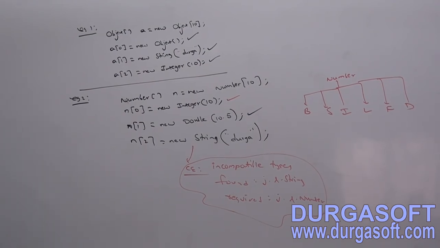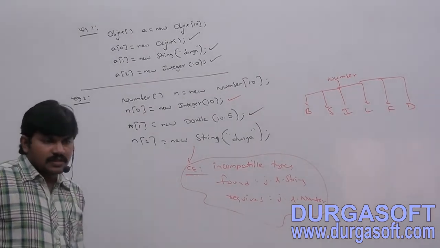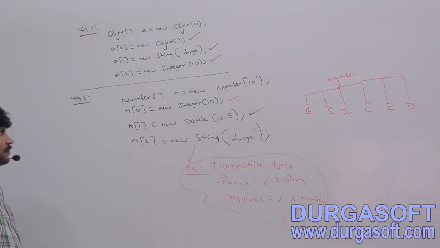Next to this one, example 2. Number array n is equal to new Number array of 10.